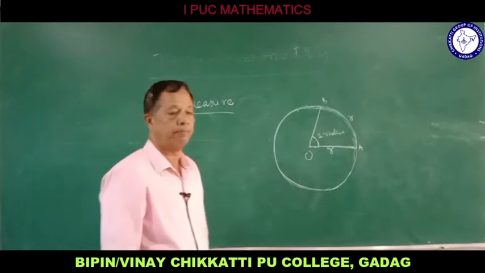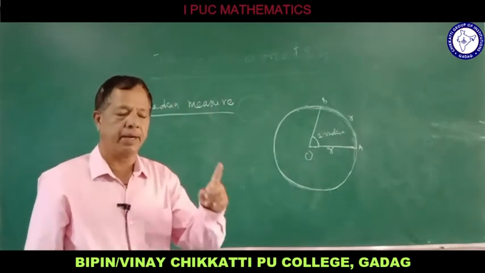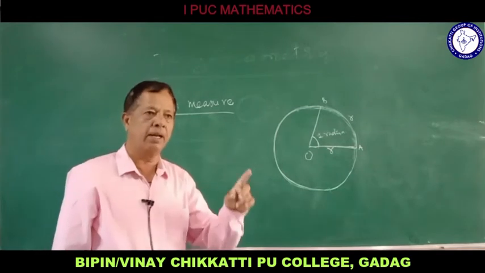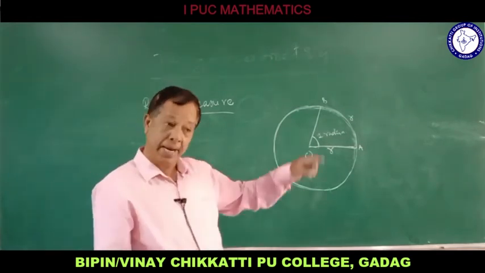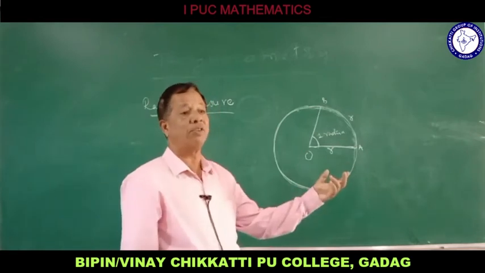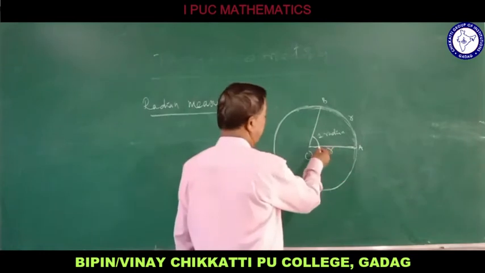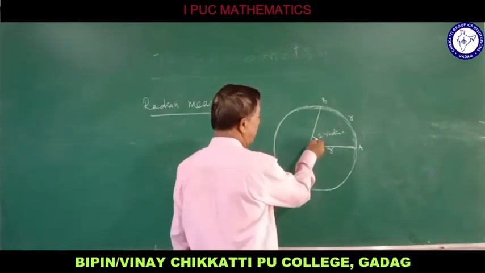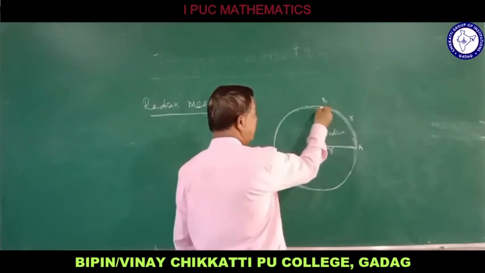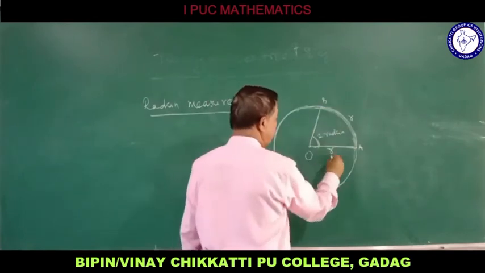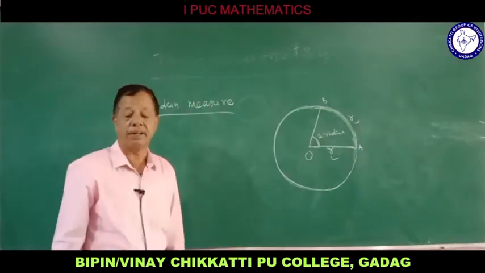Define radian, 2 marks may be asked. What is radian? Radian is the angle subtended at the center of a circle by an arc whose length is equal to the radius of the circle. That is why this R I have taken. Understand? This is the radian.